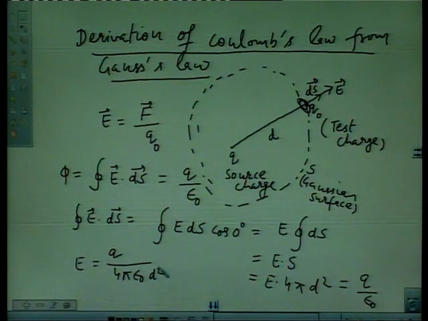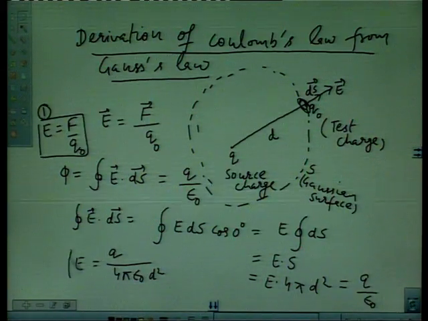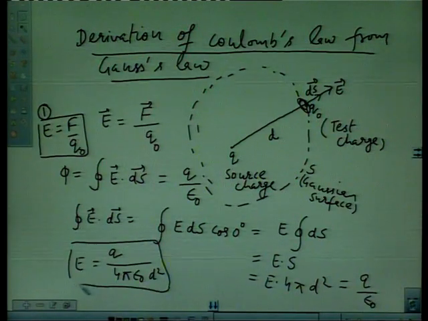So, here we have two expressions. First one is E is equal to F upon q naught. The second expression for the electric field is q upon 4 pi epsilon naught d square.